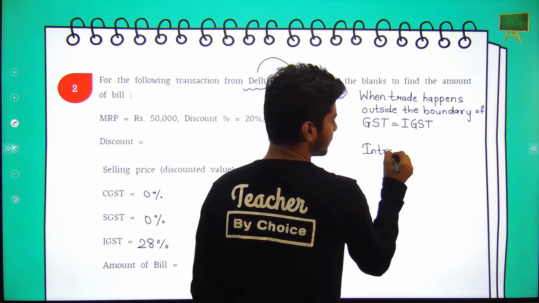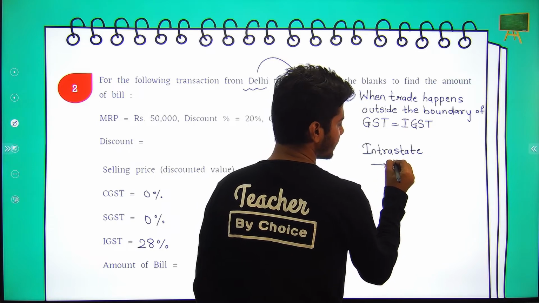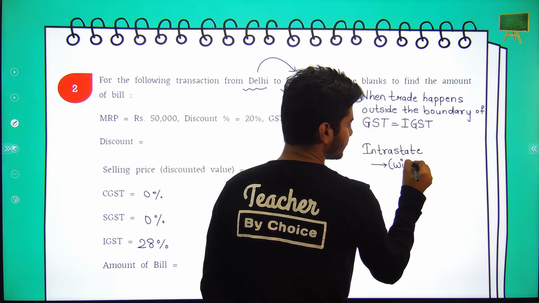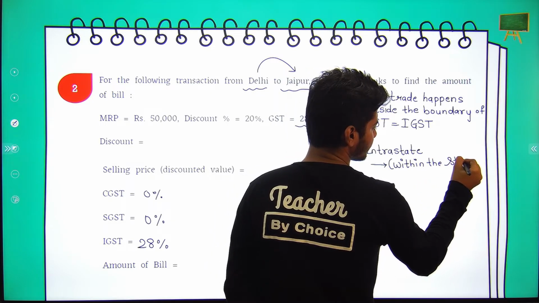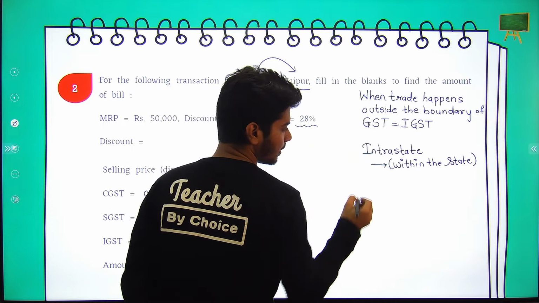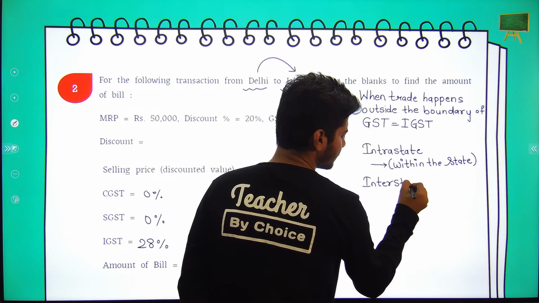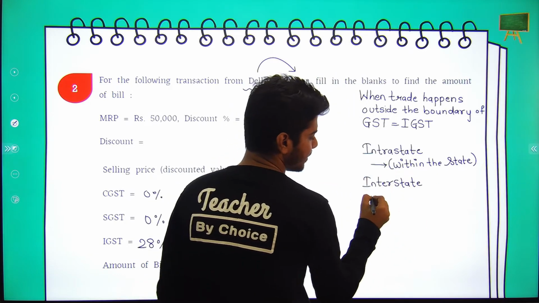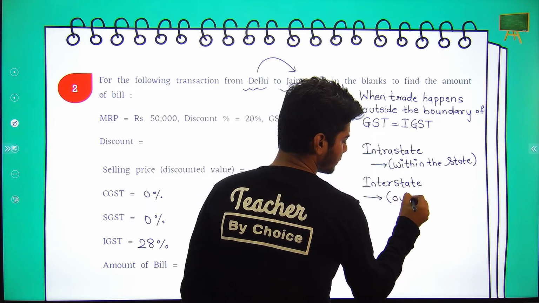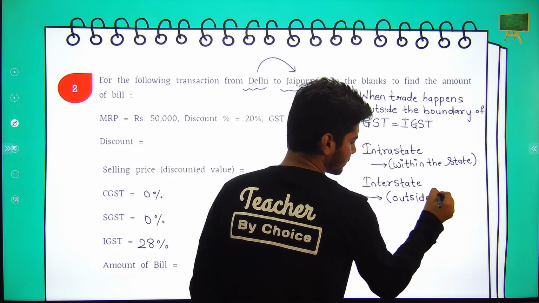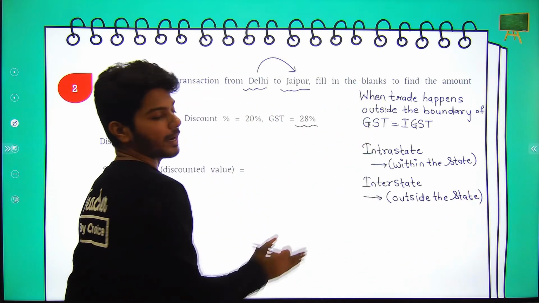And one more term I will explain. Intrastate is nothing but within the state. Interstate means outside the state. So I want you to write these terms.